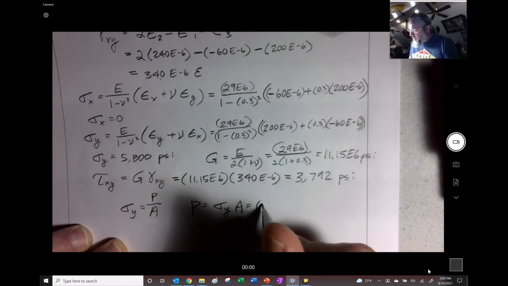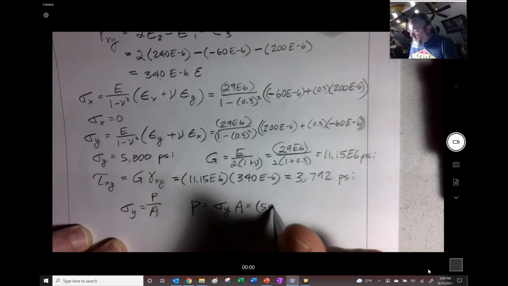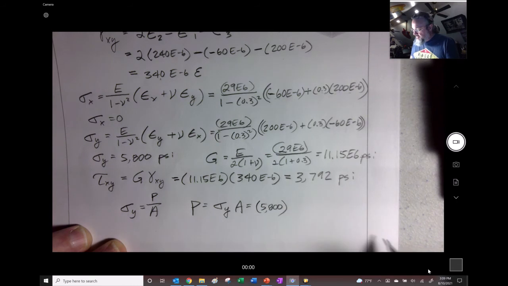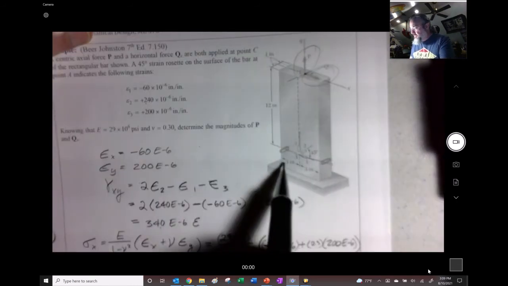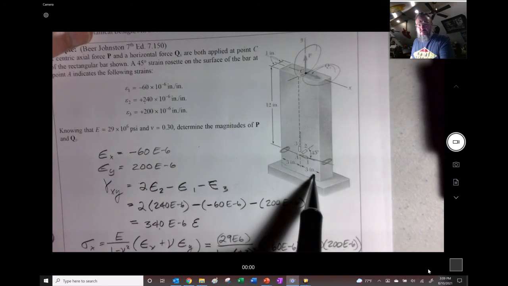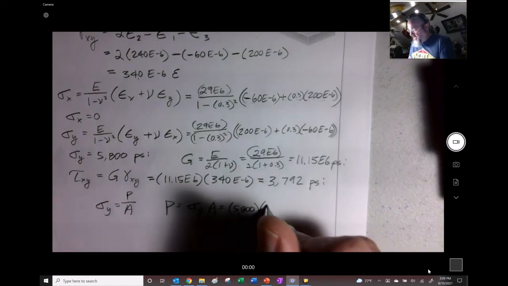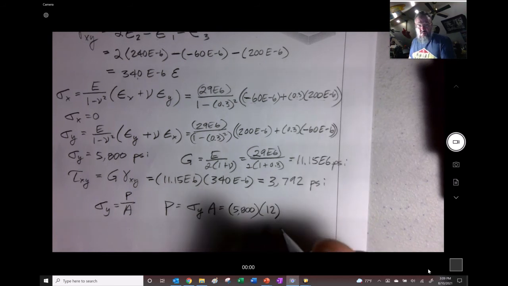So we have our 5,800 pounds per square inch times a rectangle that is 6 inches by 2 inches, right? We could do that in our heads. That's 12 square inches, right?